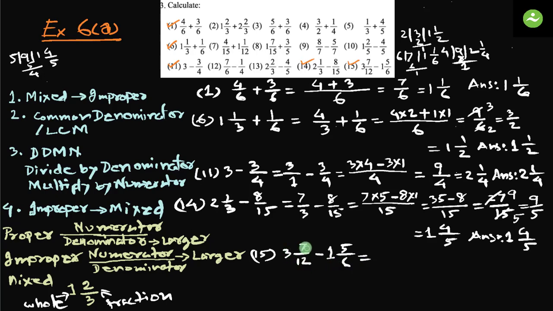So 3 into 12 plus 7 is 43. 43 over 12 minus 6 into 1 plus 5, 11 over 6, equals to, so common denominator is 12.